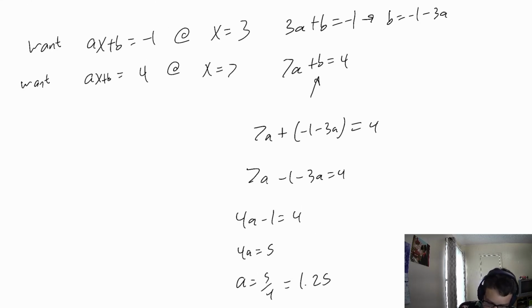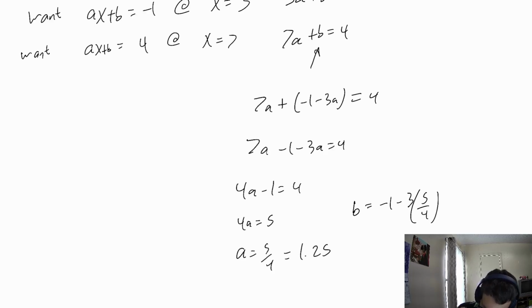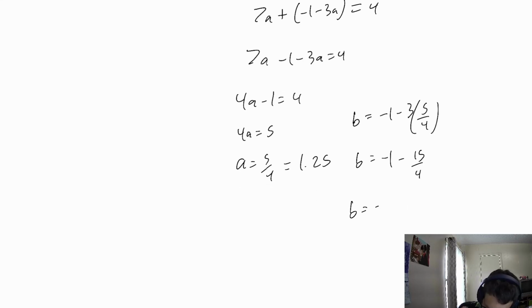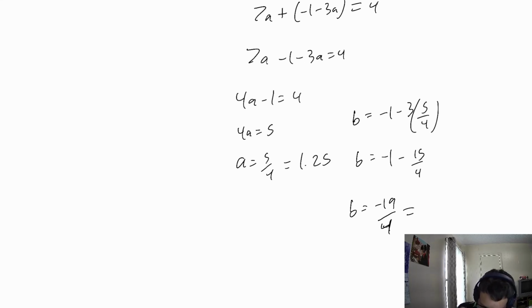And if we plug that into this line here, we have that b equals -1 minus 3 times 5 over 4. So then b equals -1 minus 15 over 4, so b equals -19 over 4, which works out to be about -4.75.